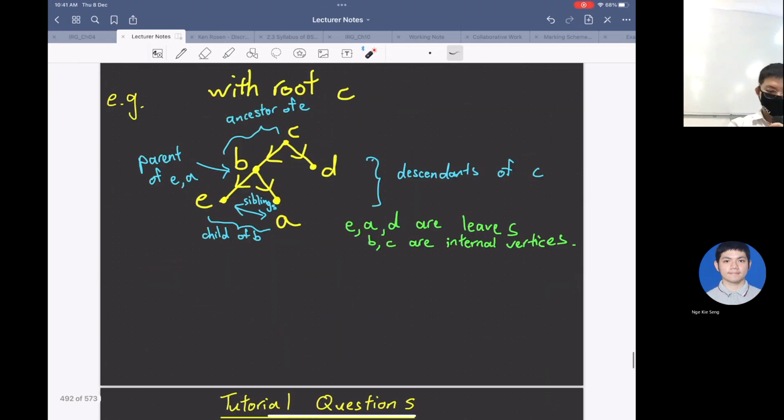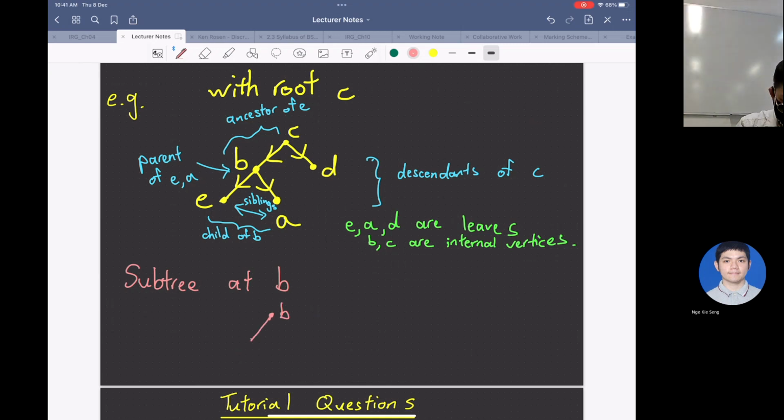For example, in this case here, what's the subtree at B? So a subtree at B, you should start with B. And then it's a subgraph of the original tree, and you need to include all the descendants. So if you just put B and then go to E, this is not a subtree.